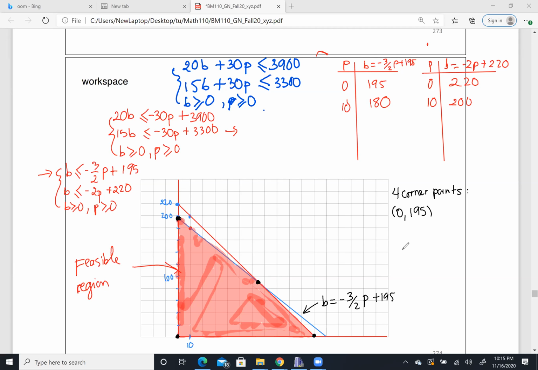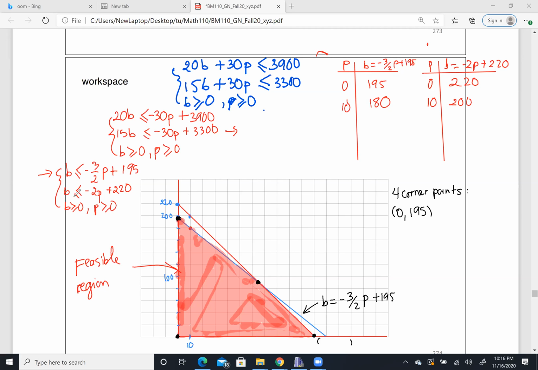And the point at the bottom here should be the x-intercept of the second one. So if I put b equals 0 in here, I'm going to get that number.